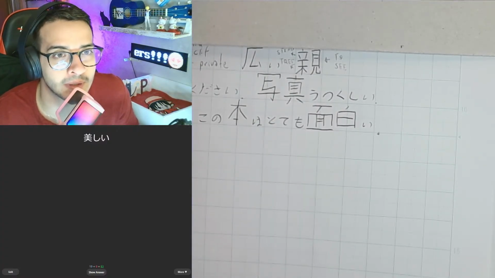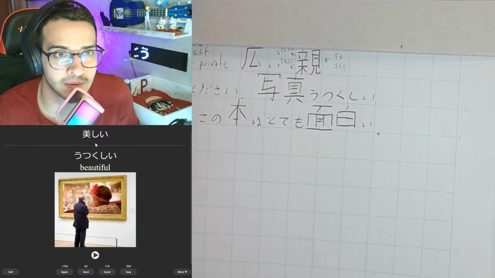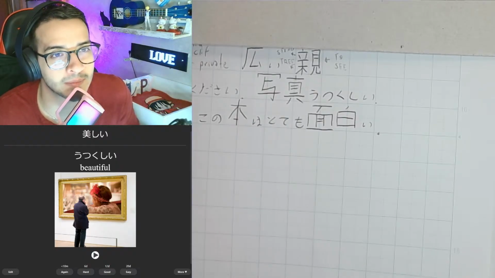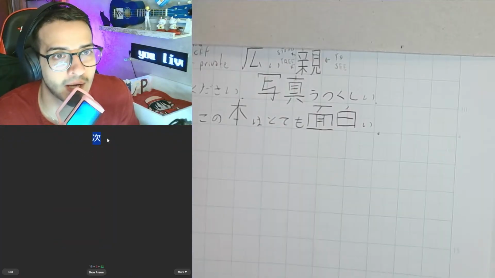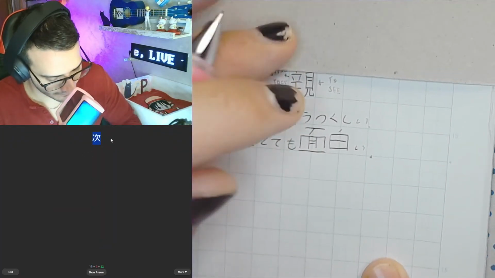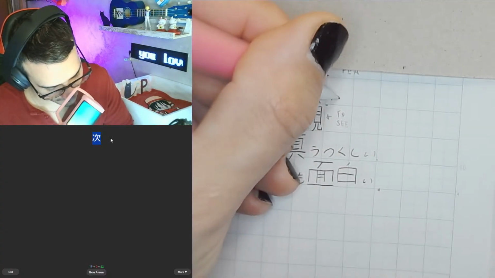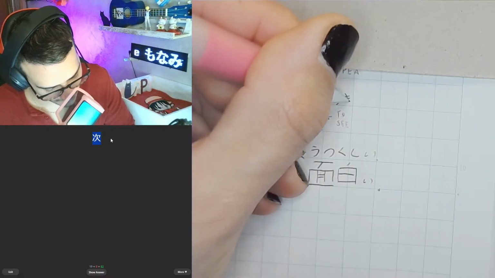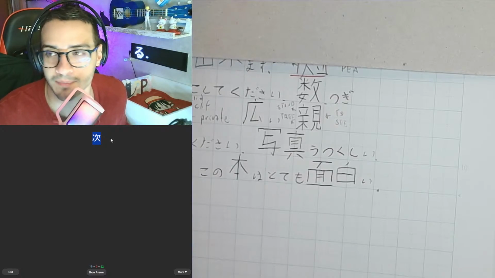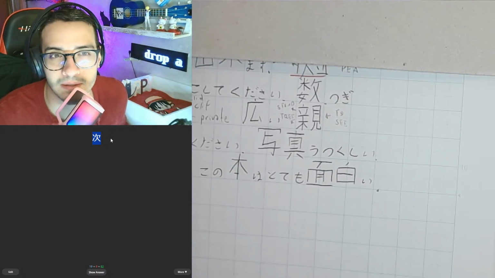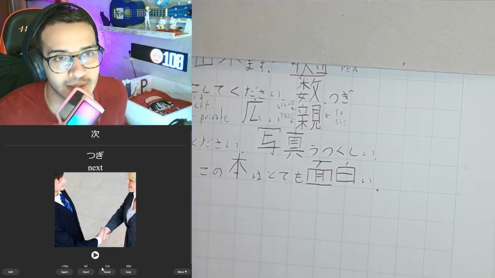The top one is the sheep radical, and the bottom one is the big one. So a big sheep is 美しい, beautiful. How do we read this kanji? Tsugi. Tsugi means next. Show answer. 次, next.